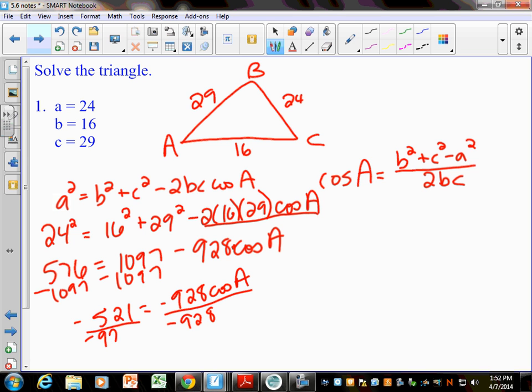And that's exactly what you get if you use the other formula, because what we did is we took A squared minus B squared minus C squared and divided by negative 2BC, which is exactly what's on the other side.